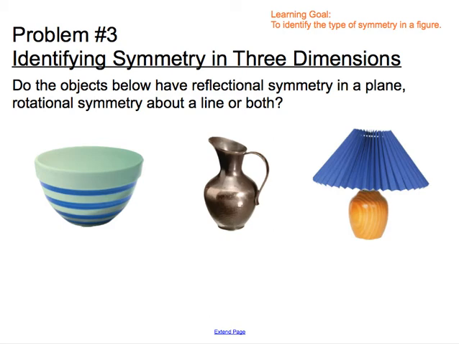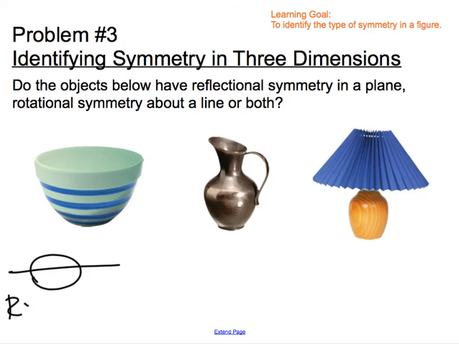So if we identify symmetry in 3 dimensions, we're looking at some of these specific objects. With this bowl, if you were to picture it from above, you could cut it exactly in half from above and have 2 pieces that were exactly the same.